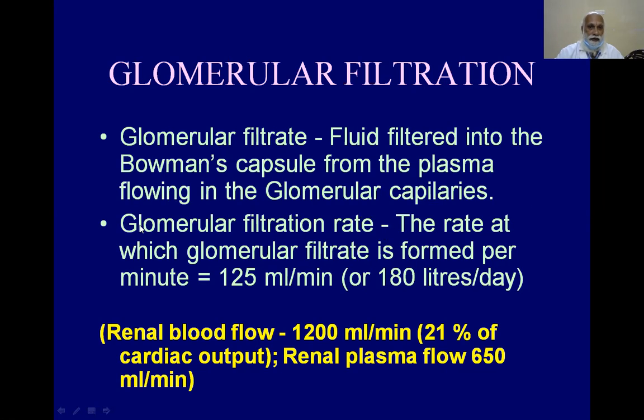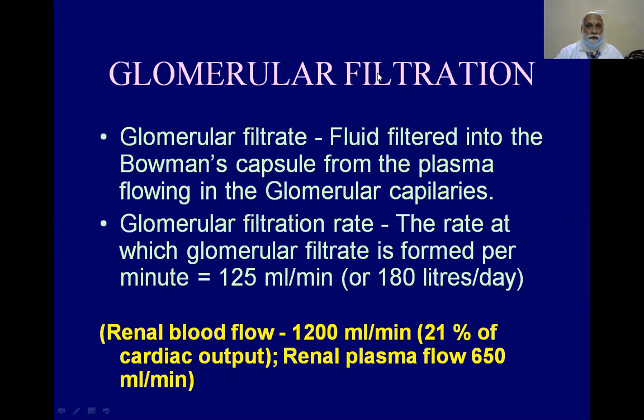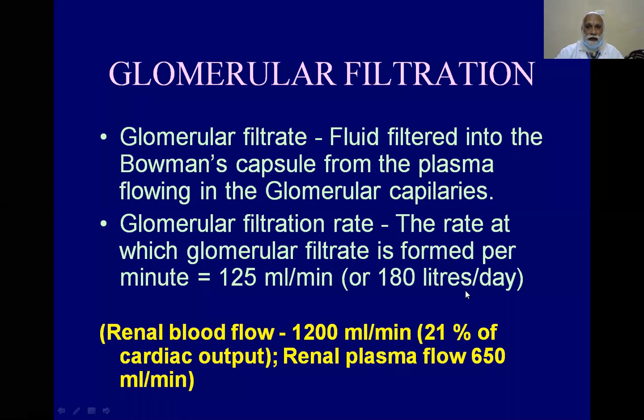Glomerular filtration rate is another term that you should remember very clearly and understand. It is the rate at which glomerular filtrate is formed per minute. That means how much filtrate is formed per unit time, usually per minute.